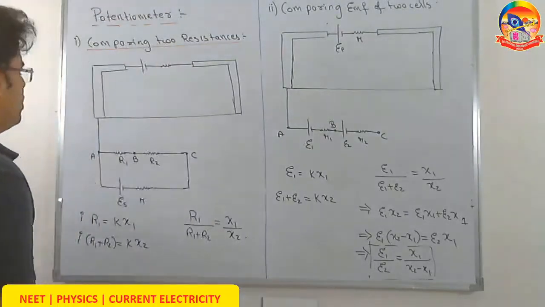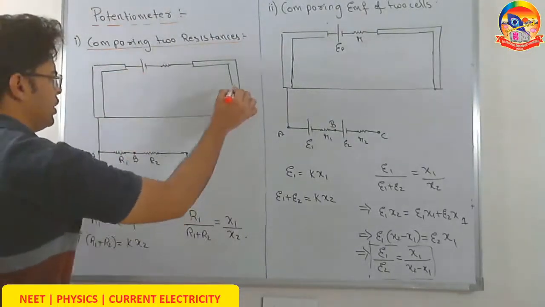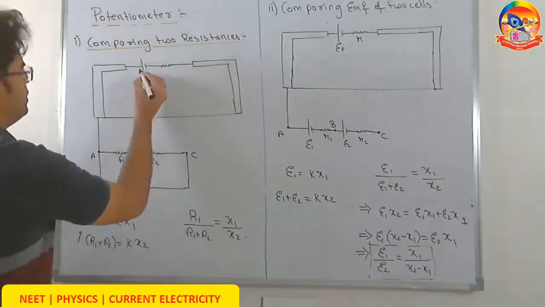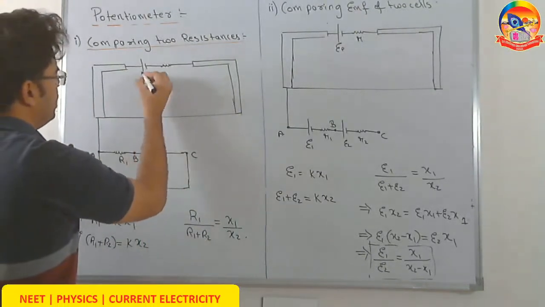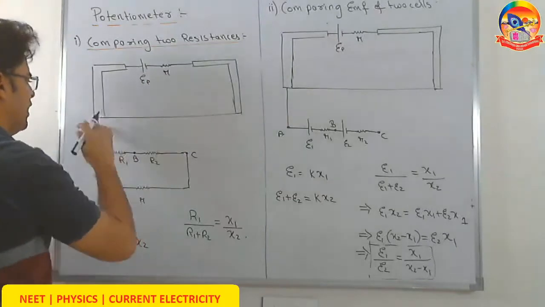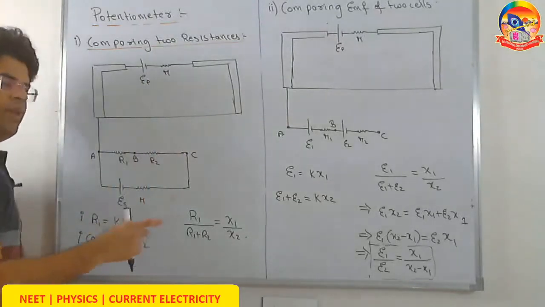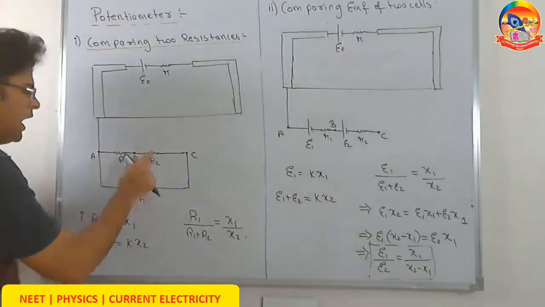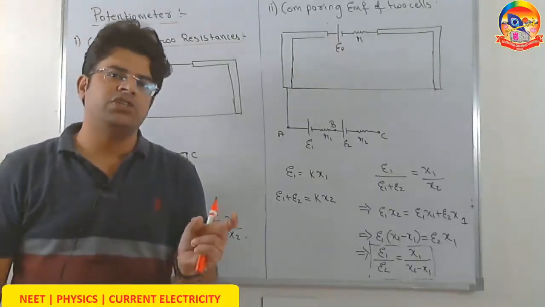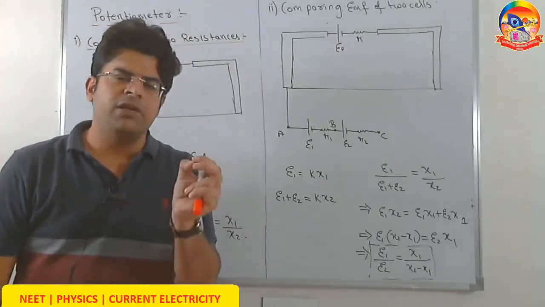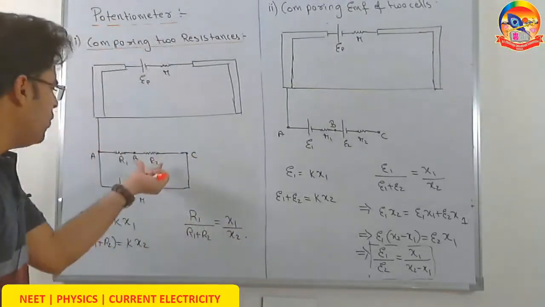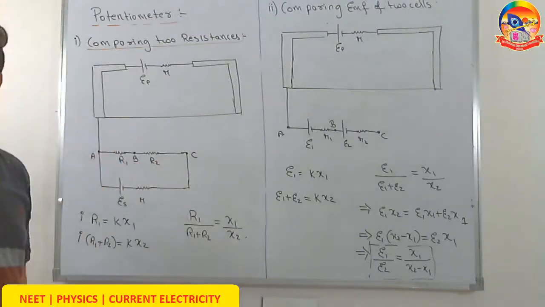Now let's say we have got this potentiometer circuit, which is called the primary circuit. Let's say the EMF here is EP, internal resistance r, and a potentiometer wire. And let's say we have got two resistances R1 and R2 whose resistances we wish to compare, or we need to find, let's say, unknown resistance R2 if we have a known resistance R1.